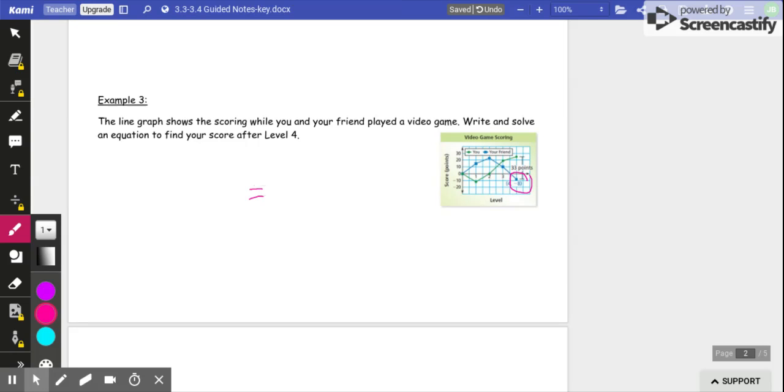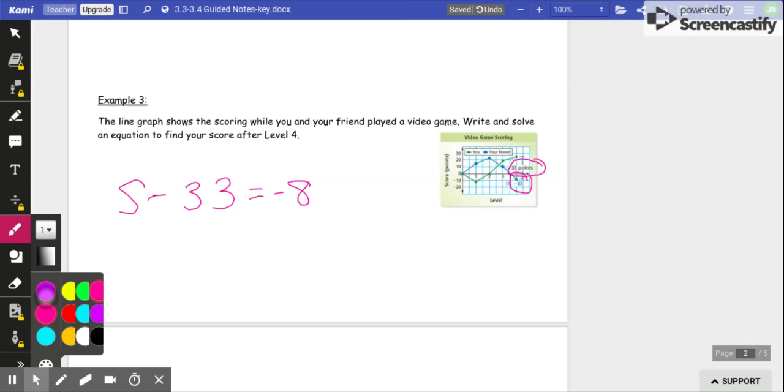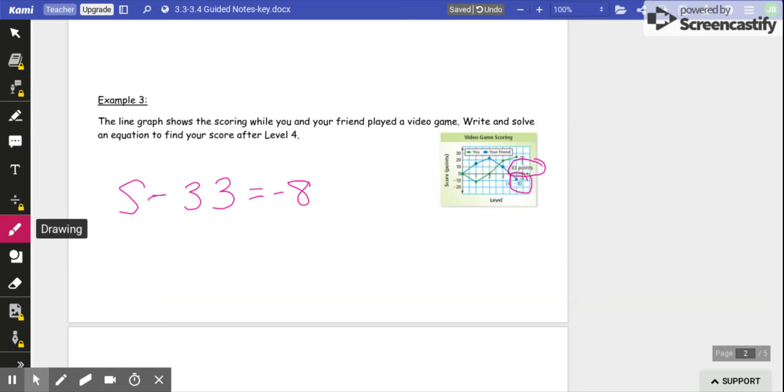I know that there's a 33-point difference between your score and your friend's score. So your score minus those 33 points is going to give us that negative 8. And that's an S, not a 5, just in case we are confused about that. So we are going to have S minus 33 equals negative 8.